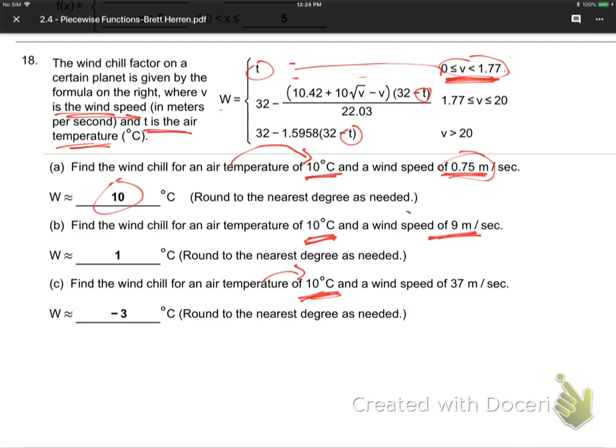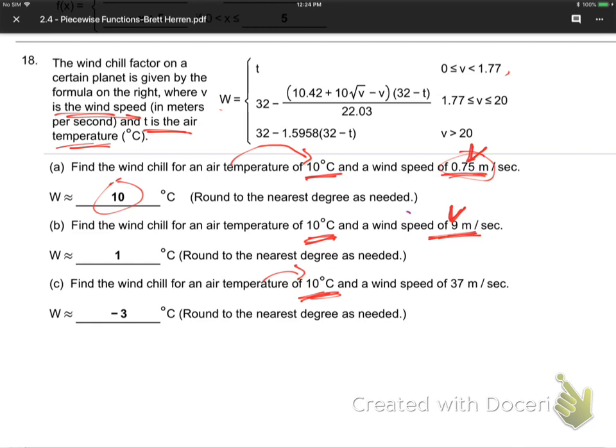Now, part B, they move the wind speed up to 9. If the wind speed is blowing 9, which formula are you going to plug into, top, middle, or bottom? This over here is V, velocity, wind speed. If it's 9, I'm plugging into what?